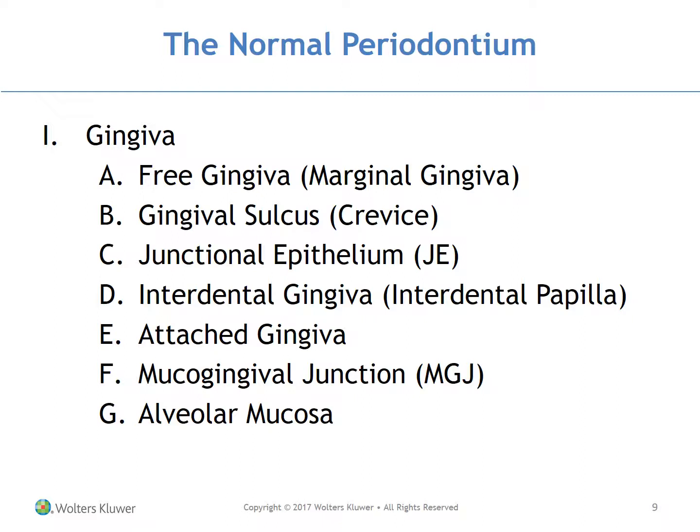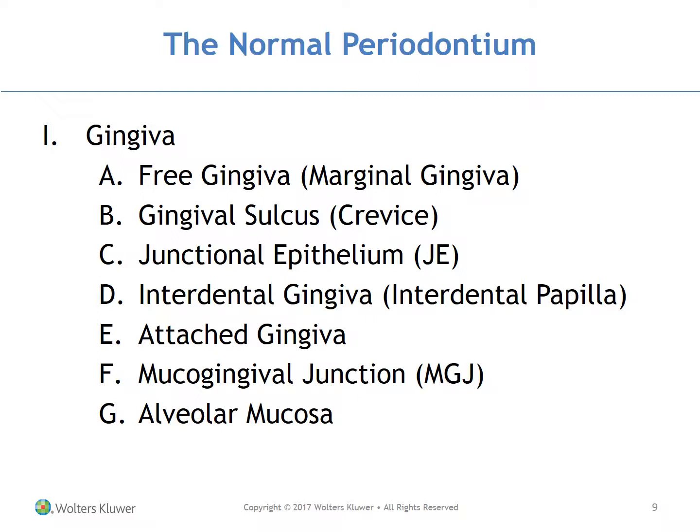The depth of the sulcus: the average histologic depth of a healthy sulcus is about 0.8 to 2.1 millimeters. Now, those are measurements we can't get, okay? So we would say 1 to 2 millimeters, okay? So the average clinical probing depth of the normal gingival sulcus is going to be 1.3 to 2.7.